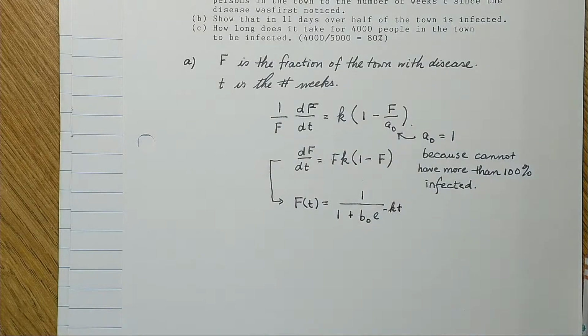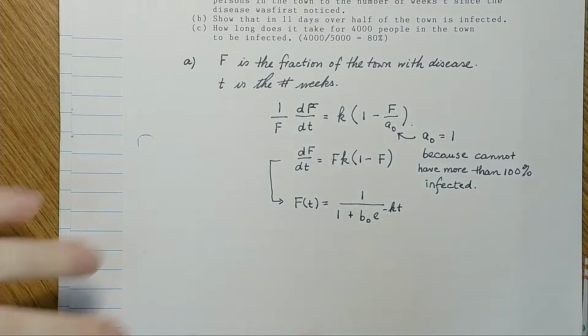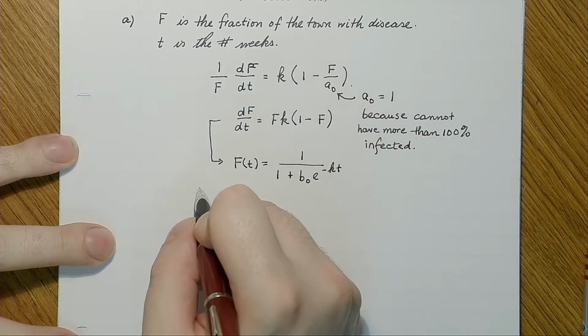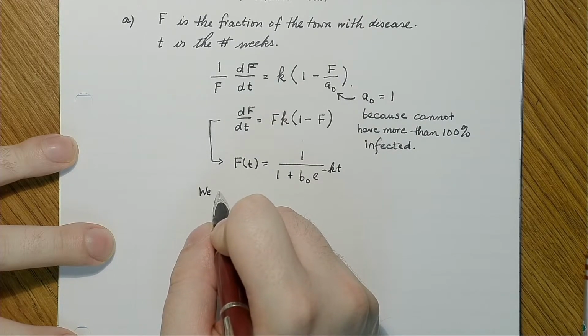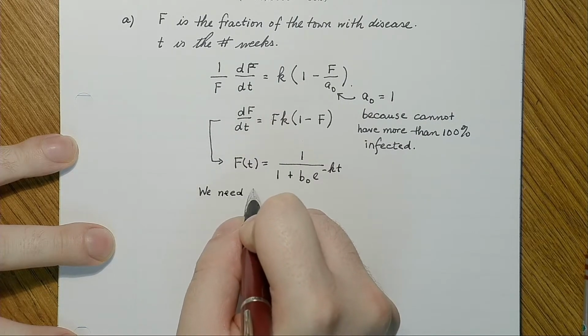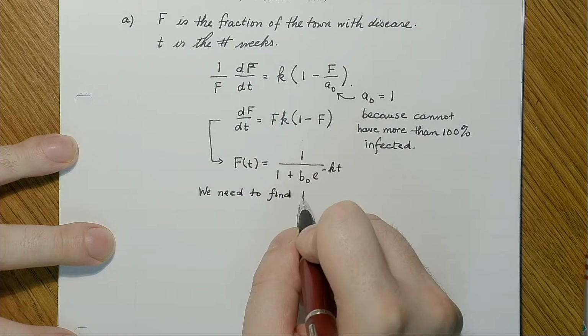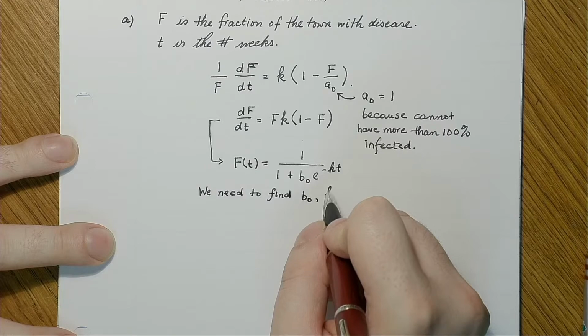So that's what we need to figure out. So we need to find b naught and k.